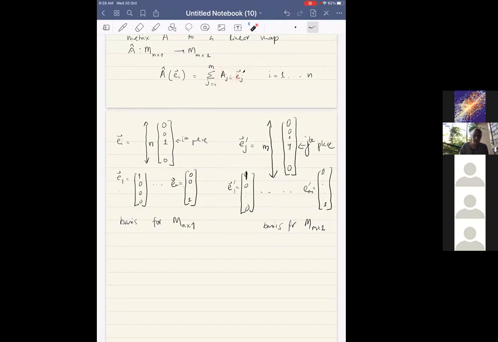These scalars determine the entries of the matrix A corresponding to the linear map A hat. That is the procedure by which I am associating a matrix to a linear map. This already caused quite some confusion in the last lecture, so I want to make sure that everybody understands what we are doing.